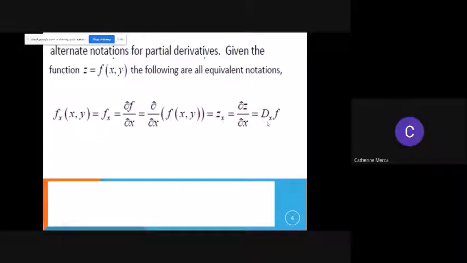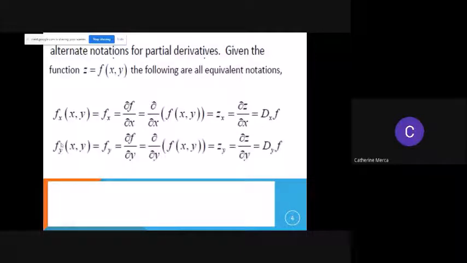For f sub y, that will be partial of f with respect to y, partial of the function f of x, y with respect to y, or z sub y, or partial of z with respect to y, or sometimes you make use of the partial with respect to y of f.